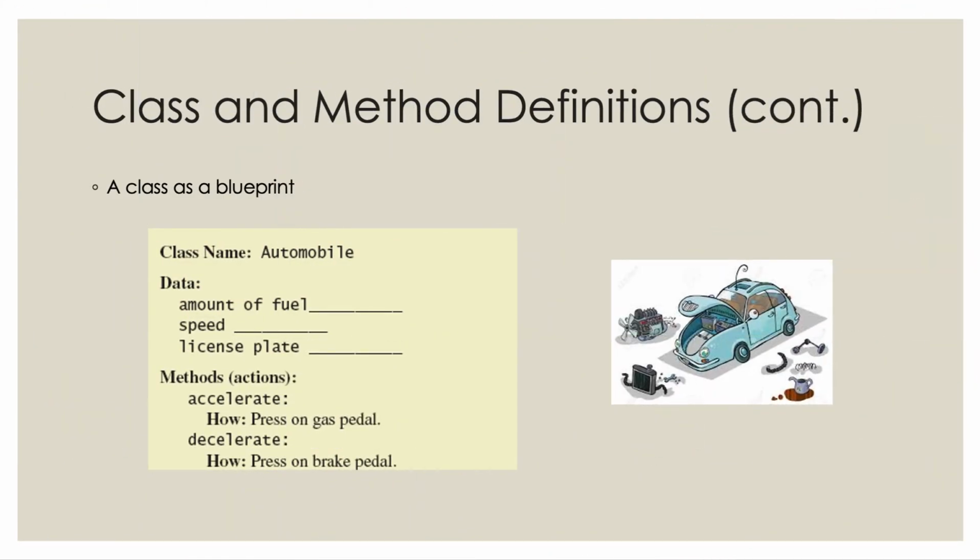A class itself is a kind of object. It's like a plan or a blueprint for constructing a specific object.